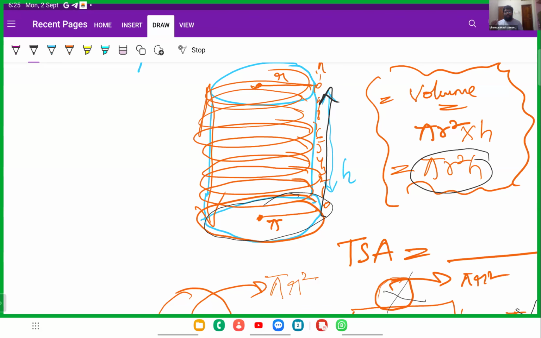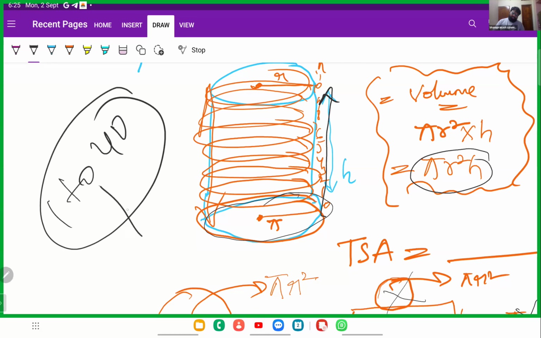For now, if you have any problems, please let me know, or else we can wind up the class. Any doubt from 1 to 40? Sahiti, any doubts? No, sir. Charantej, any doubt? No, sir. Nainika? No, sir.